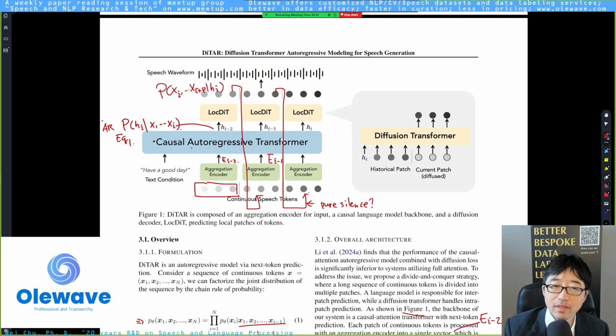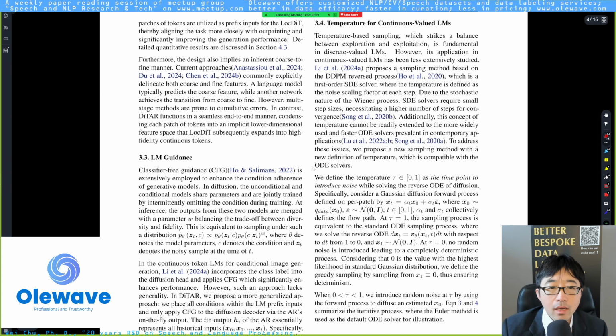So you can see the whole thing is significantly reduced in terms of the computational cost. And here they also mention their LM guidance.